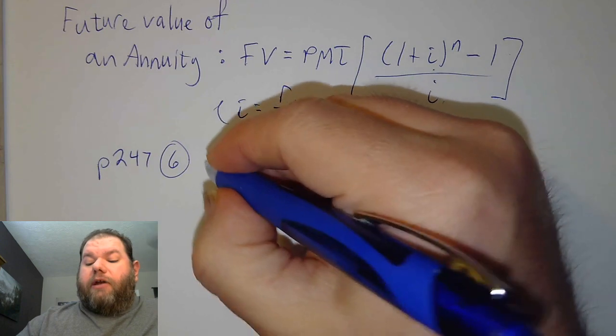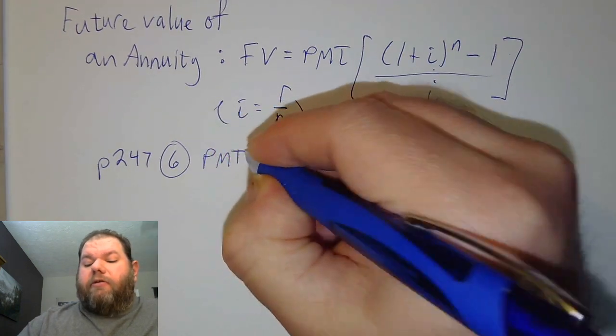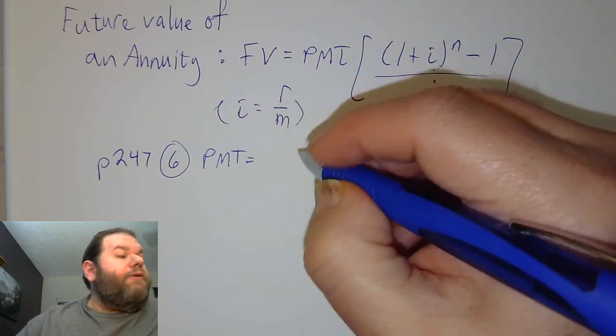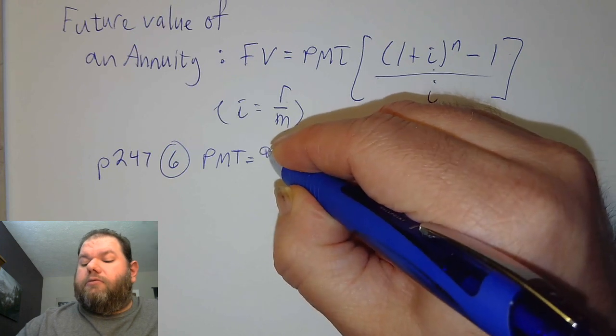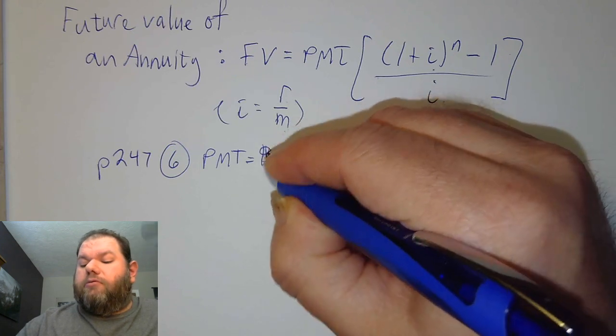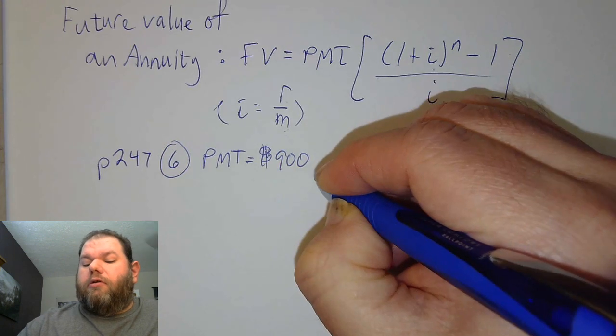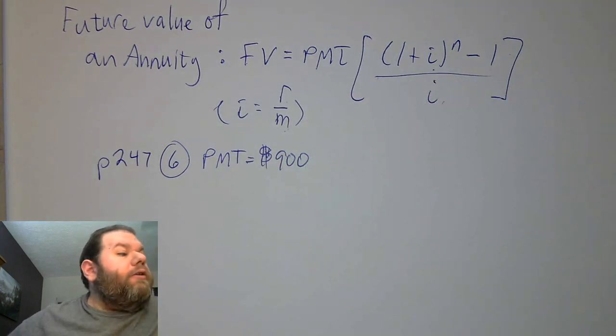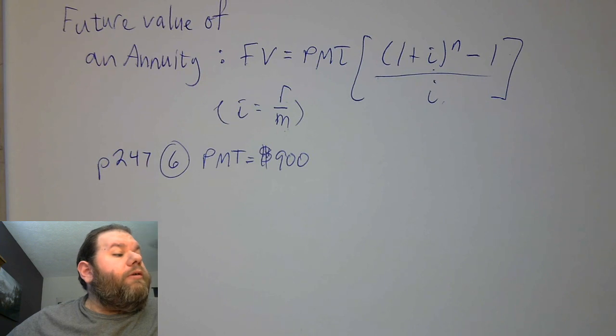And number 6, we have a monthly payment of $900, at 1.1% compounded monthly for 5 years.